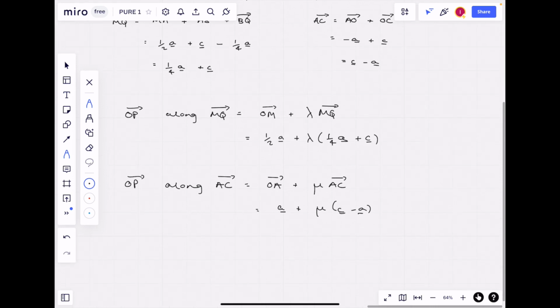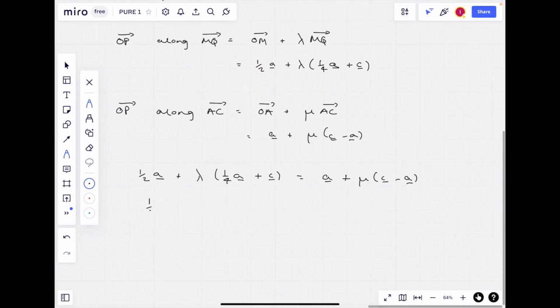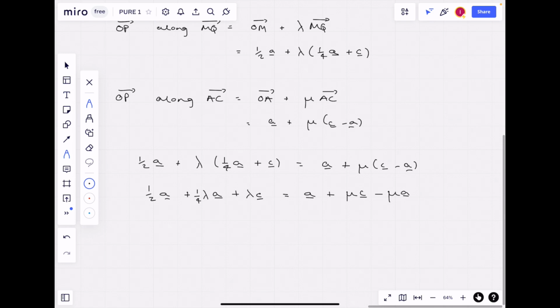Okay, they're both equal to OP, so they're both equal to each other. A half A plus lambda (a quarter A plus C) equals A plus mu (C minus A). Okay, so a half A plus a quarter lambda A plus lambda C equals A plus mu C minus mu A. Let's group, let's factorize if we need to.